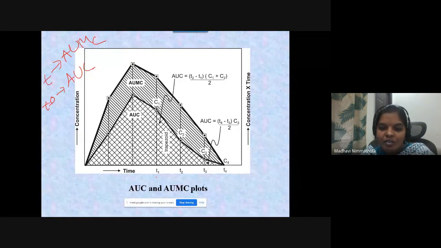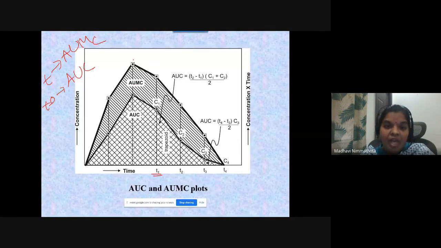T1 corresponds to the C1 concentration, T2 is with C2, T3 is with C3, T4 is with C4. These are the different time intervals on the x-axis, and this graph gives you the zero moment curve, and this graph gives you the first moment curve.